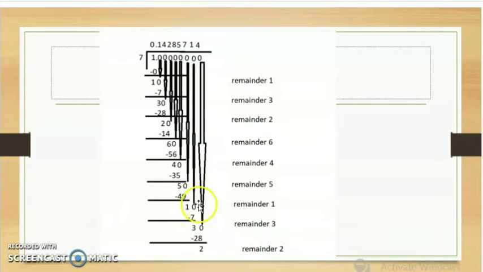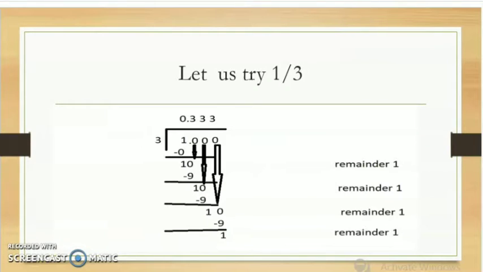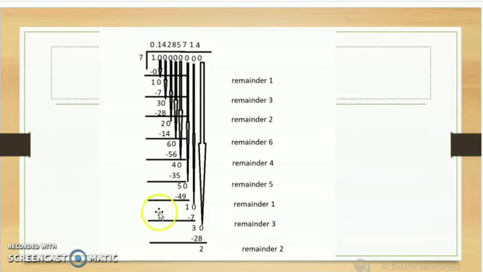Again we can keep on going. We have 10, 1 times 7 is 7, so we have 3. Again 30, 4 times 7 is 28, remainder 2. So this keeps on going. It is 1, 4, 2, 8, 5, 7.